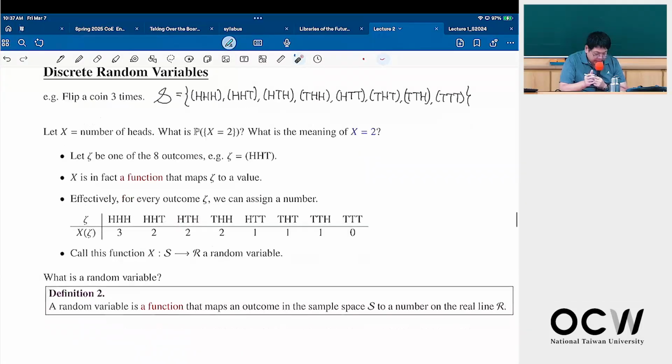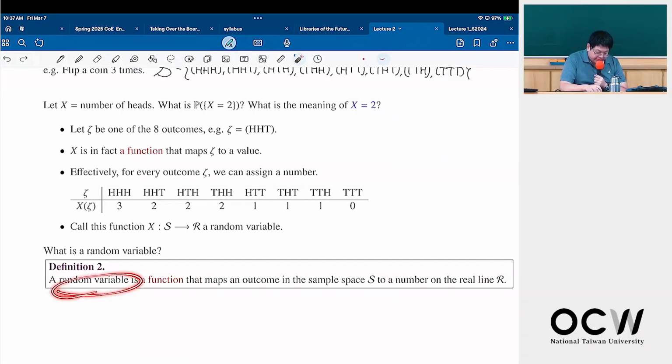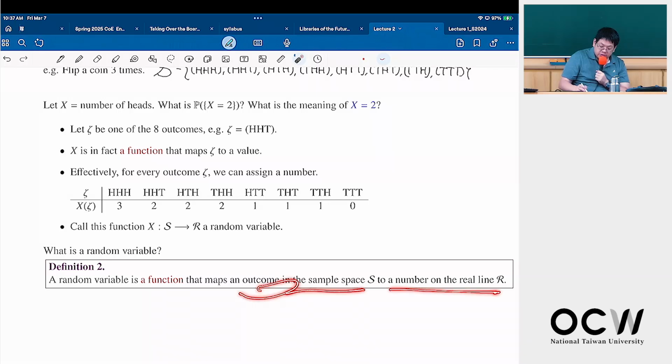So what is a random variable? Actually, the random variable is a function. Even though the name is called variable, it is a function that maps an outcome in the sample space to the real line, to a number on the real line.